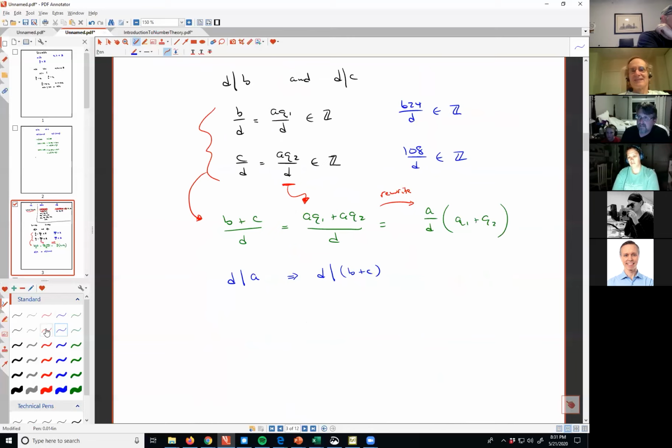Okay, so right, we need some kind of greatest common divisor assumption to go the other way. If the GCD of Q1 and Q2 is 1, then what does that allow us to say right here?